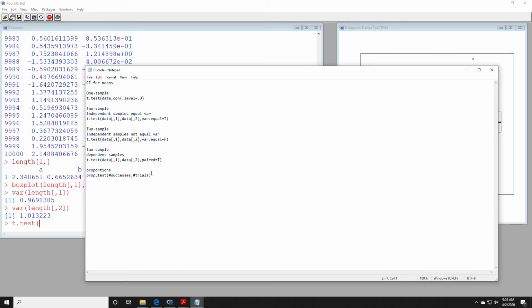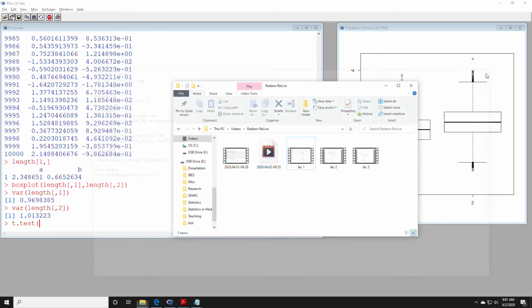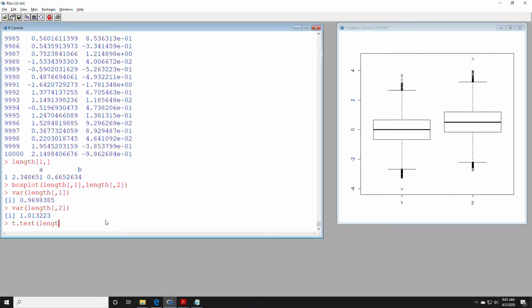I sent you this, and it has quite a few of the intervals for you. And so we can see we have two samples, equal variance, so we need to use this t.test function. So t.test length 1, length 2, group 1, group 2, and they're in our combined data set like that, so that's how we need to put it. Var.equal equals TRUE.